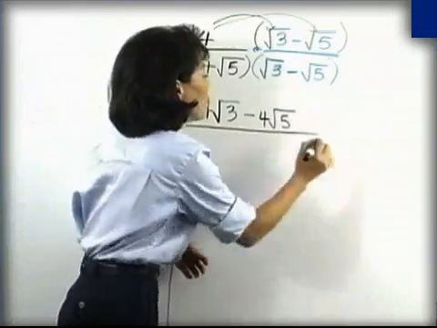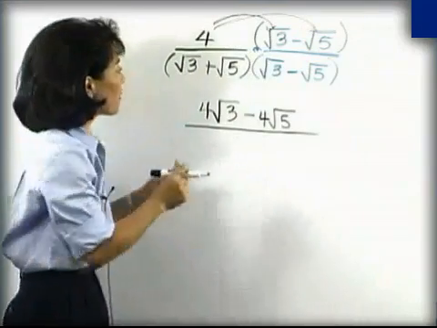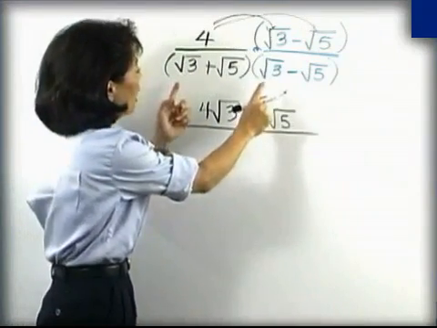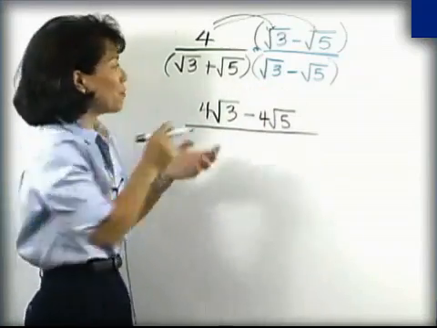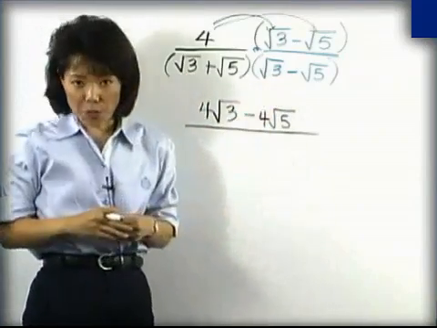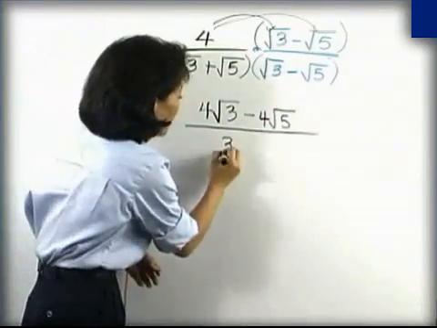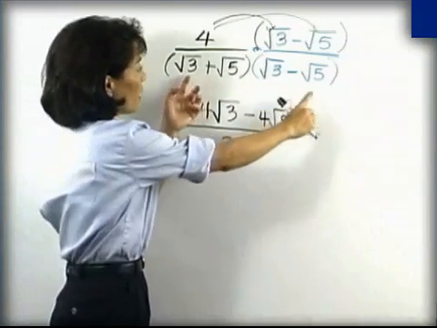Now, watch what happens in our denominator because we're multiplying by that conjugate. When I do FOIL, you're going to see that we don't have to do O and I anymore. Here, we get the square root of 3 times the square root of 3, which is 3. Now, think with me here. I'm not going to write it out, but just think.